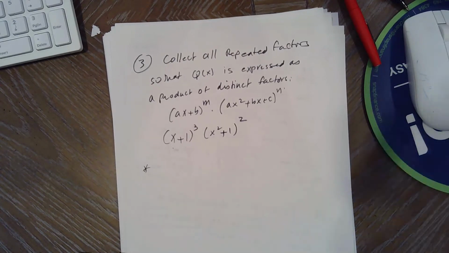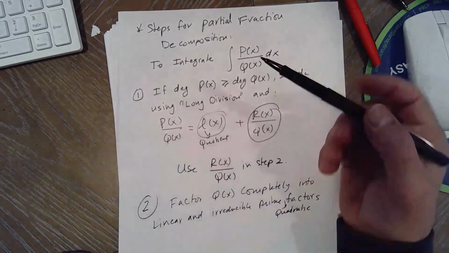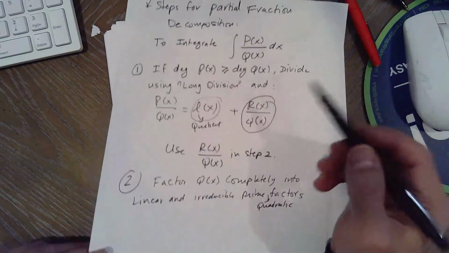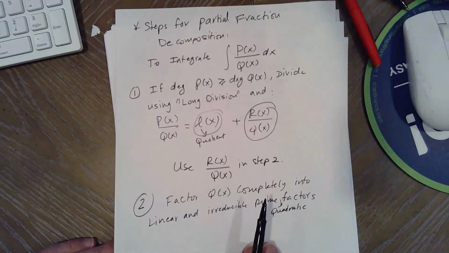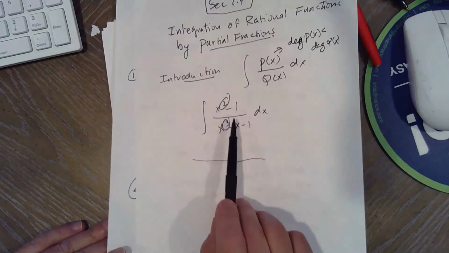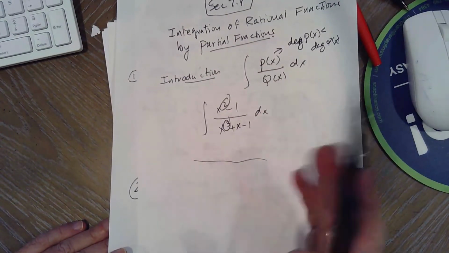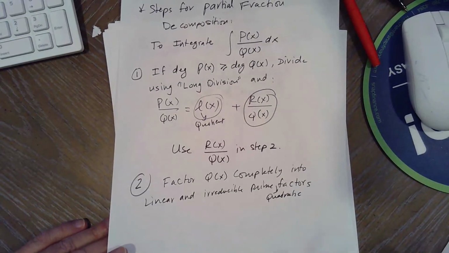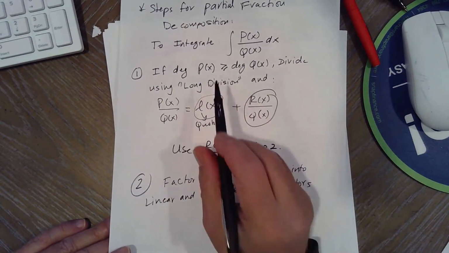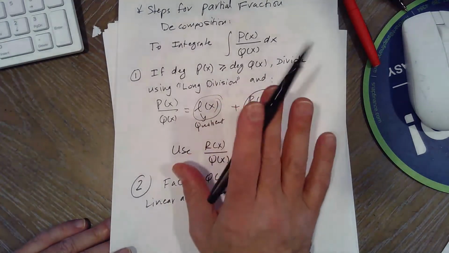Now, this is the general procedure. If you're integrating something like x squared minus 1 over x cubed plus x plus 1, and substitution doesn't work, or integration by parts, or what we've done, then you see if the degree of the top is less than the degree of the bottom.